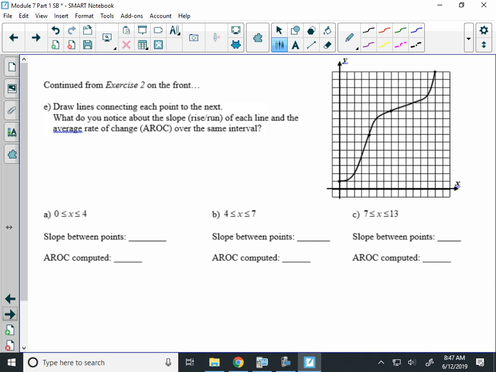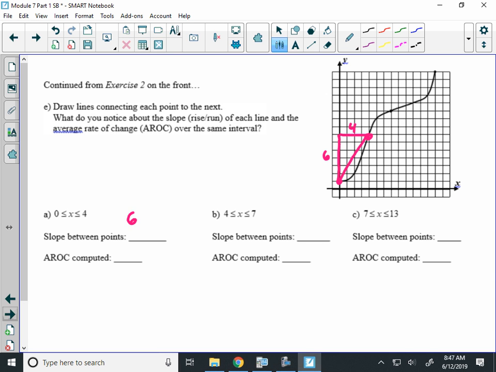Okay, so like right here, I have a point from here to here. These are the same points as before. If I draw this line here, it says, what do I notice about the slope or the rate of change of that line? So let's count. The slope is up 1, 2, 3, 4, 5, up 6 over 4.